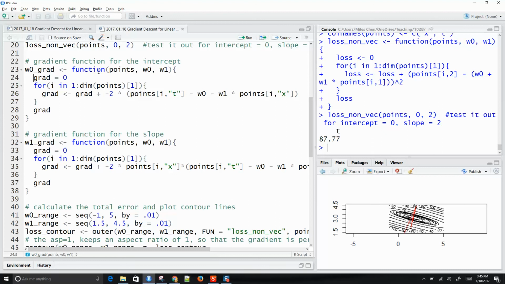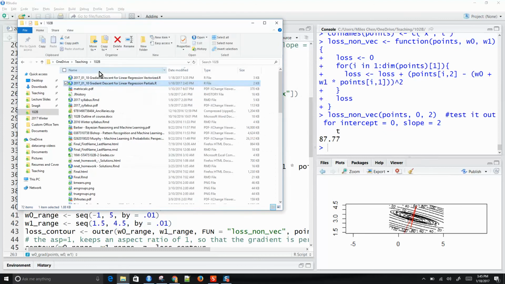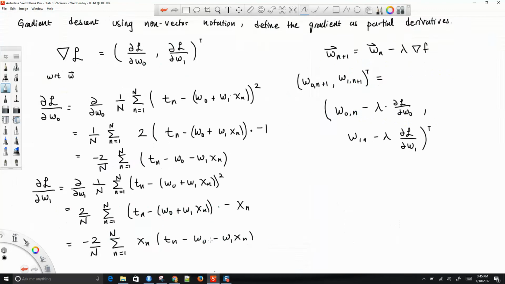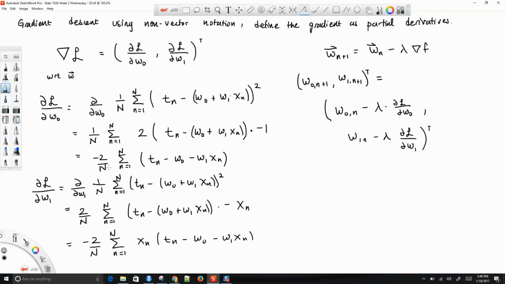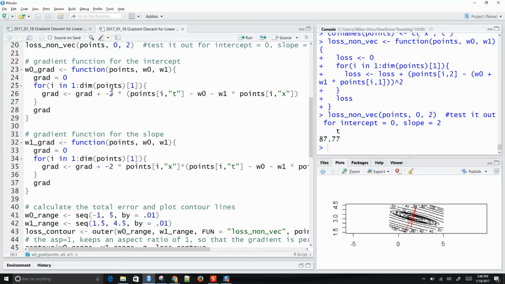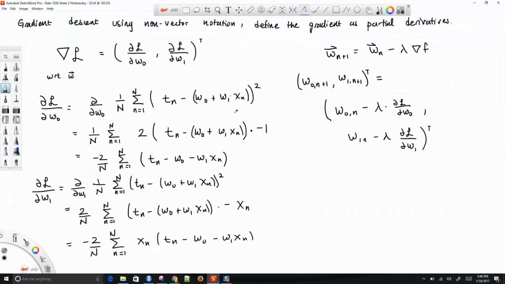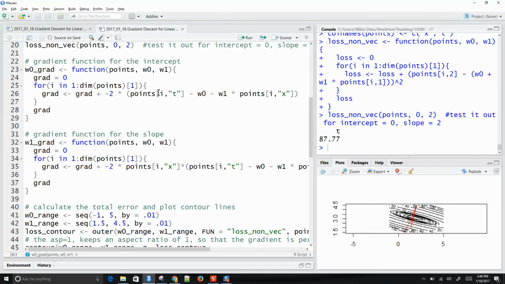Just taking a quick look at what this is, it's taking the sum of each point t minus this, and it's calculating all of this. So this is our partial with respect to W0, okay? Here I've gotten rid of the n, but I've got -2 times our point t minus W0 minus W1 x, which is what we've got right here. And it's a sum, so we add that to the current value of the gradient, and it returns the gradient.